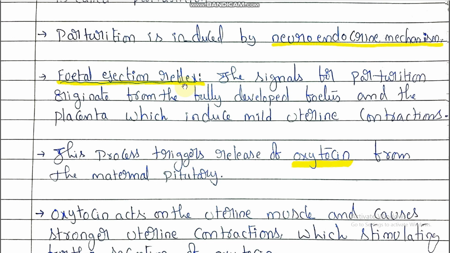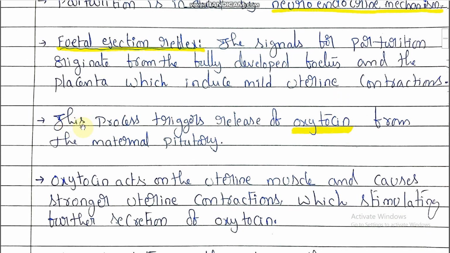After completion of the gestation period, signals are induced by the fully developed fetus and placenta, which induce mild uterine contractions, right? So this fetal ejection reflex process triggers the release of oxytocin from the maternal pituitary. The uterus is going to be contracted; mild uterine contraction takes place by the fetal ejection reflex.